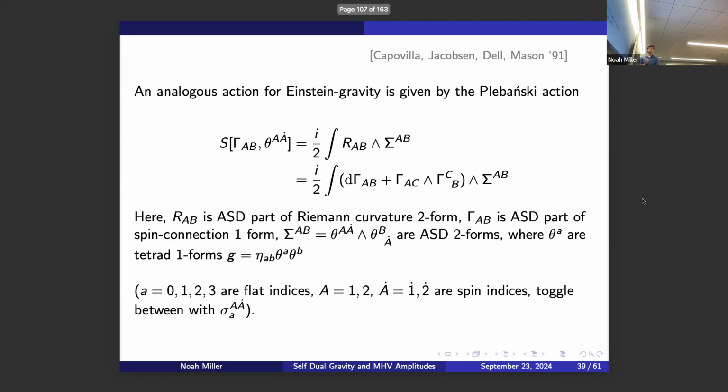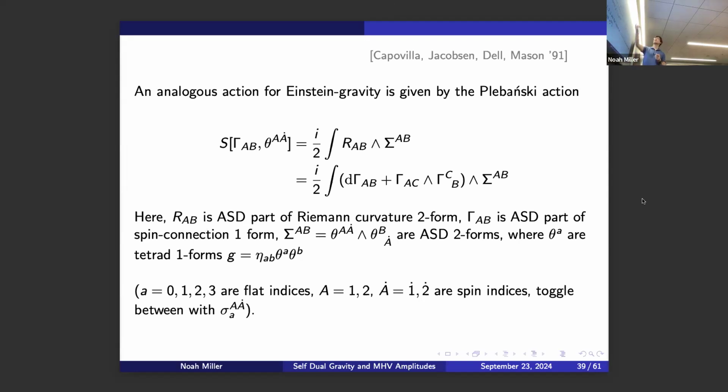I'm not going to go into too much detail, but here I'm using big A and big A dot to be spin indices. You can go between spin indices, in this so-called spin helicity formalism, and regular spacetime indices using the Pauli spin matrices.